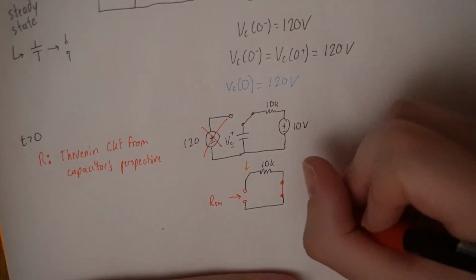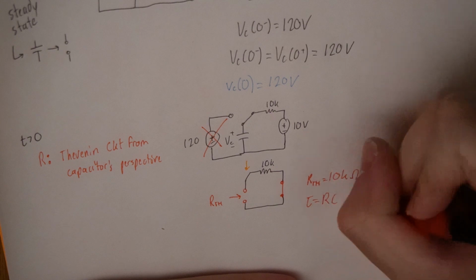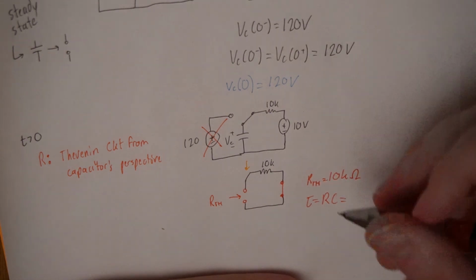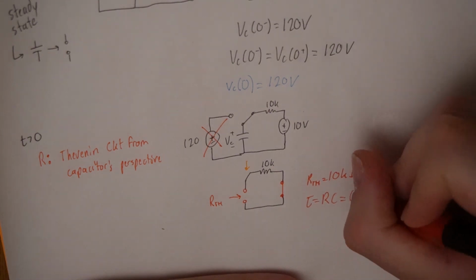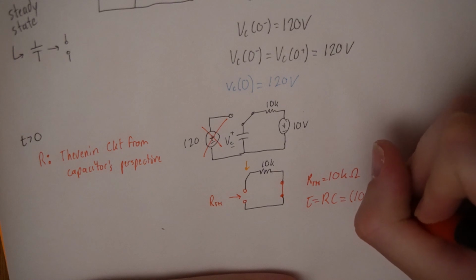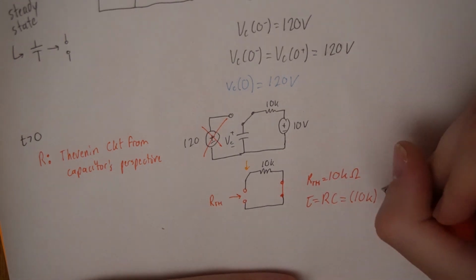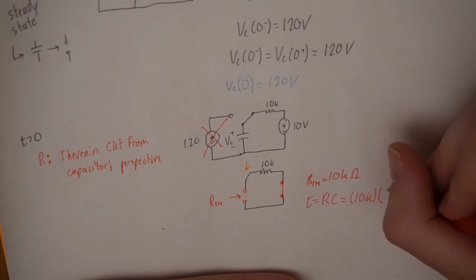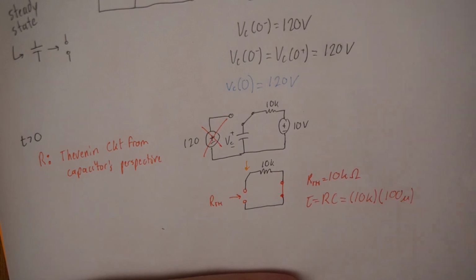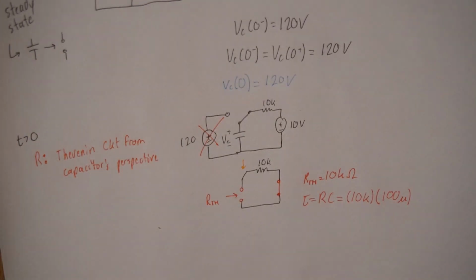Now, what is tau? Tau equals RC. Now for that, I'll sub in the values. R, 10K. C is 100 microfarads, so 100 times 10 to the minus 6.